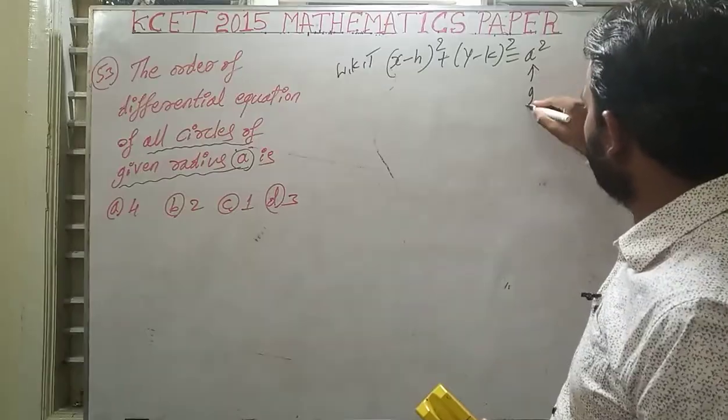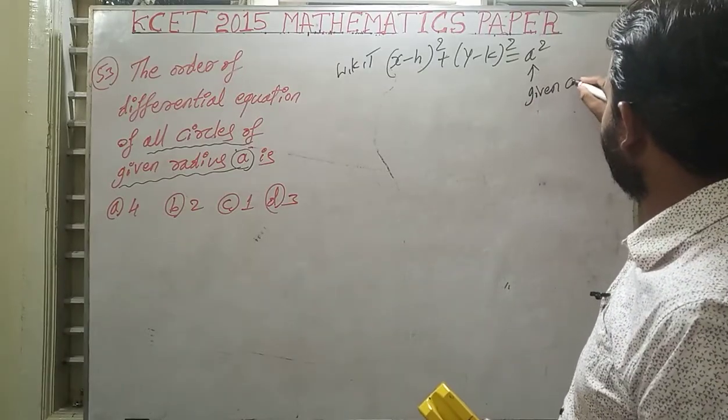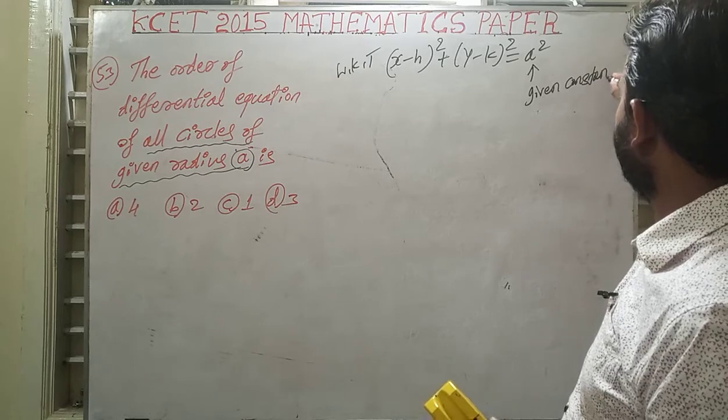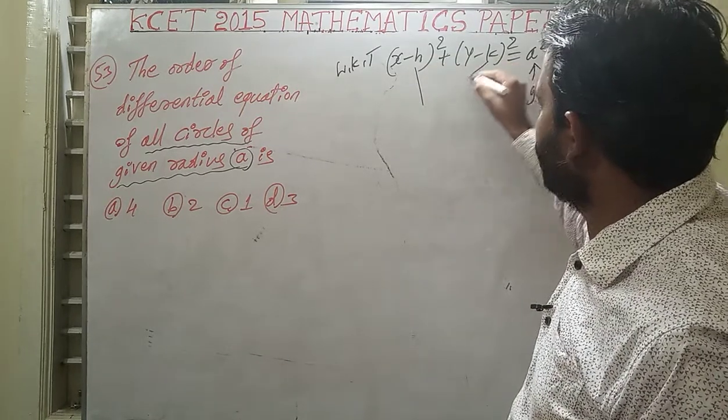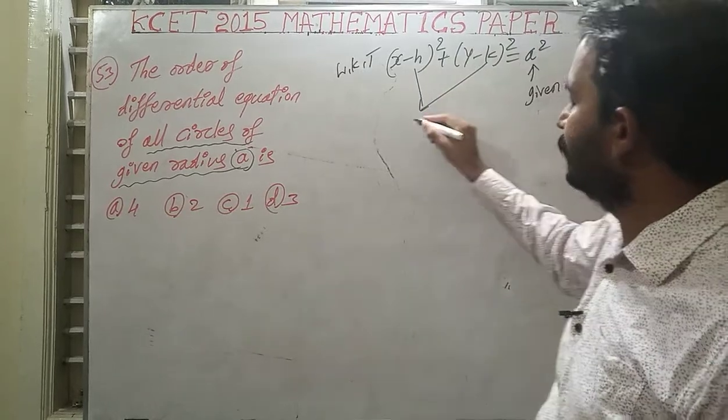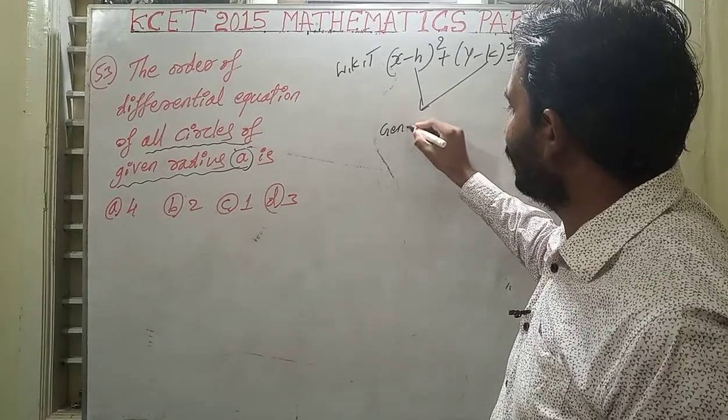So in this case a is the given constant. It is not a variable, it is a given constant. But these two, h and k, are general constants.